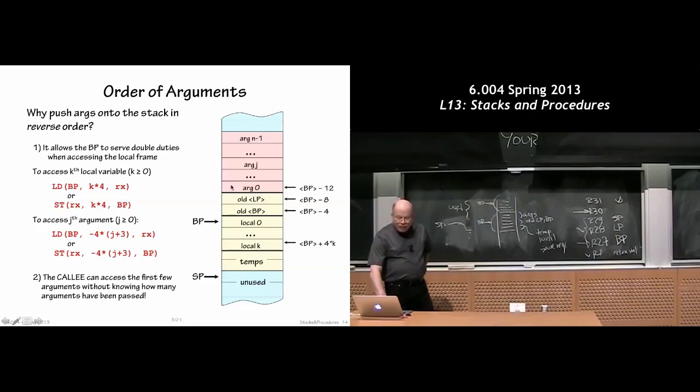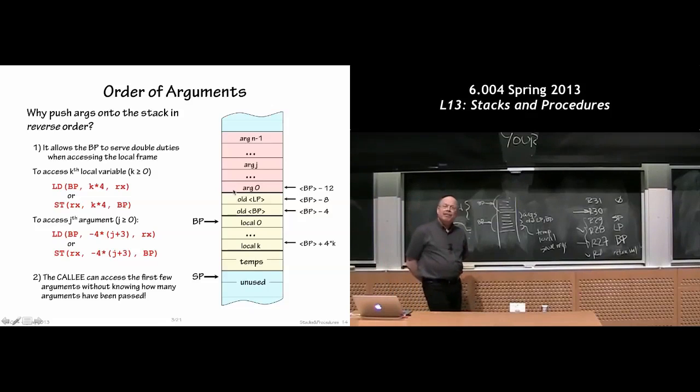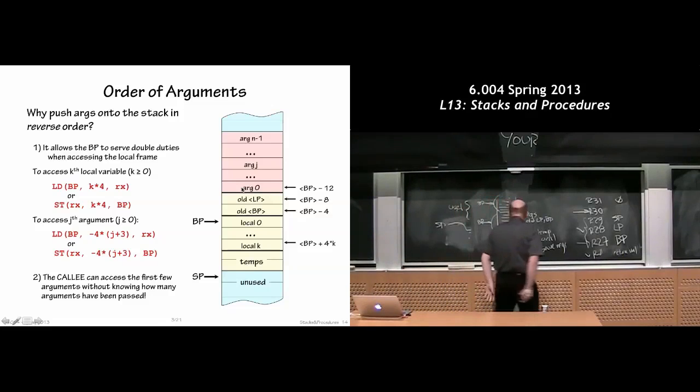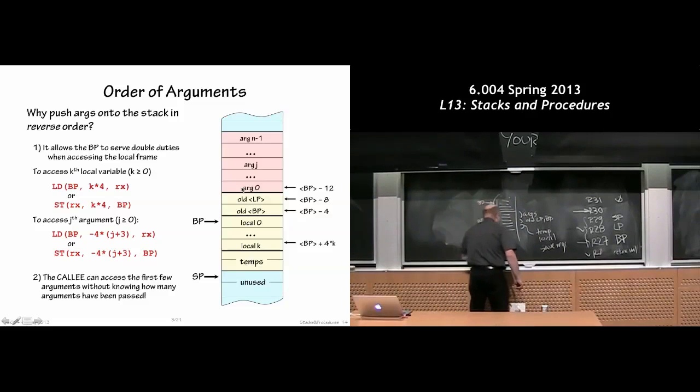The number in BP is the address of this memory location. If I subtract 12 from that, I'll have the address of the first argument. So in assembly language, if I wrote load BP, comma, minus 12 into R0, that's going to take the contents of BP and add the constant minus 12 to compute the address.